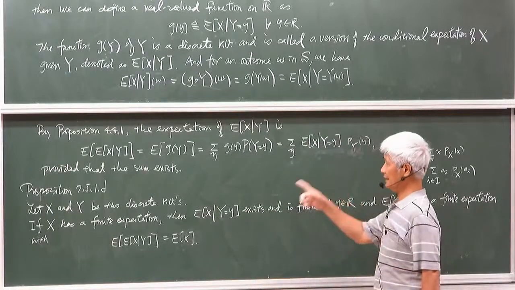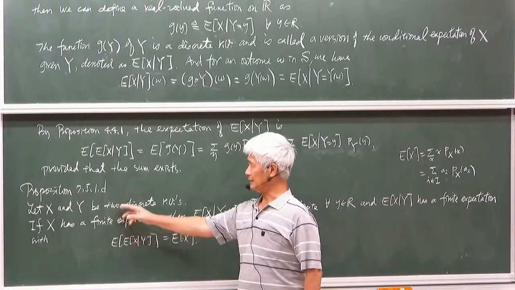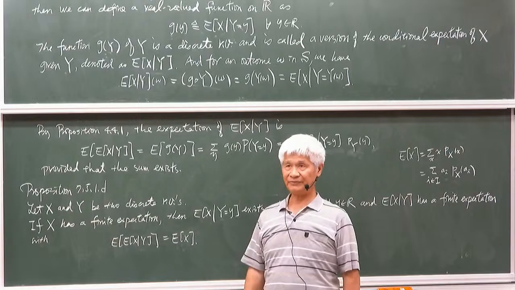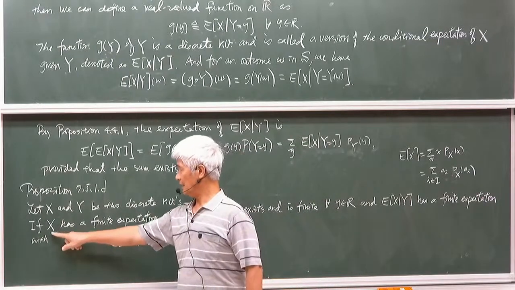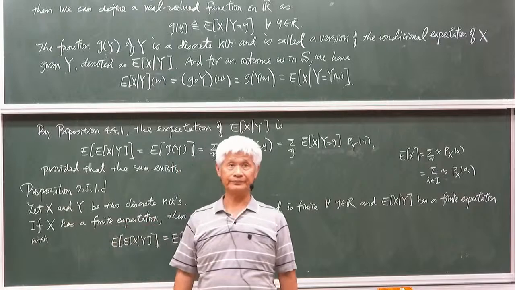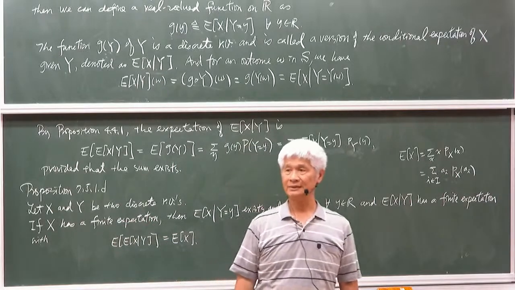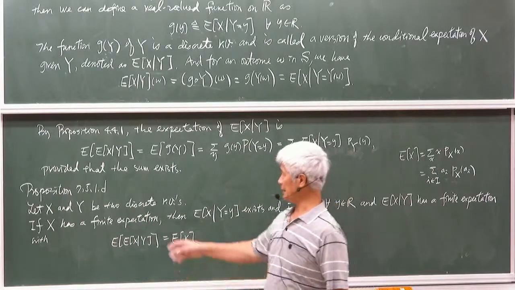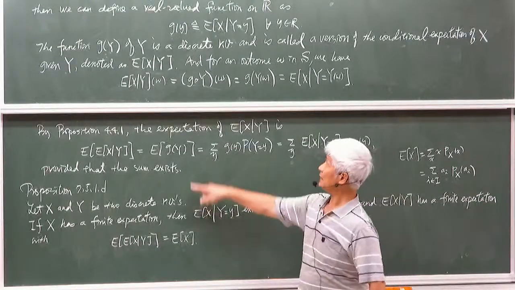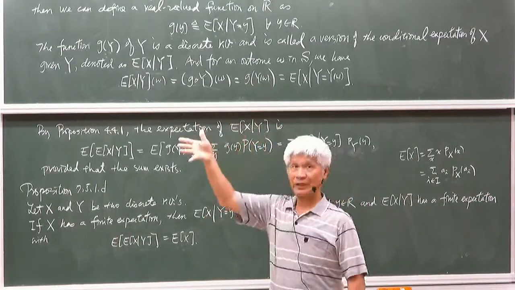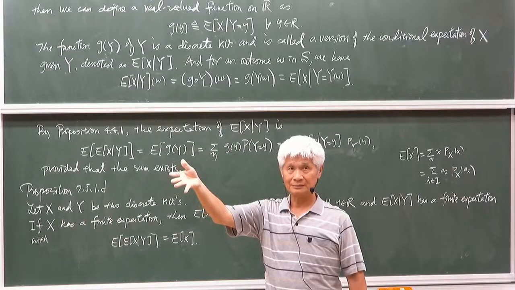And the theorem I state here gives the only sufficient condition: X has a finite expectation. Once X has a finite expectation, then this is guaranteed, because everything here is an if, there are a lot of conditions.